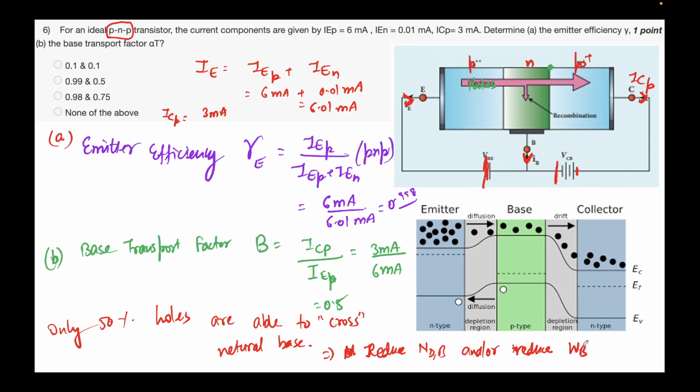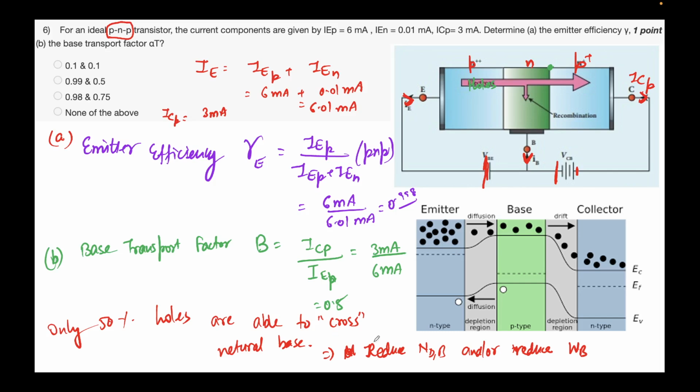If you try these two things, maybe this horrible 50% of holes which are not able to cross, maybe more of them will cross. So that's where the brain part comes in. The rest of it is very mechanical. These expressions you have in your video lectures as well.